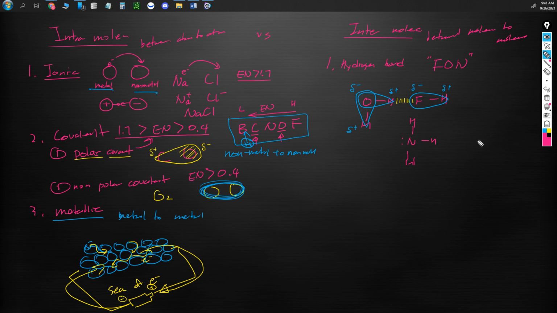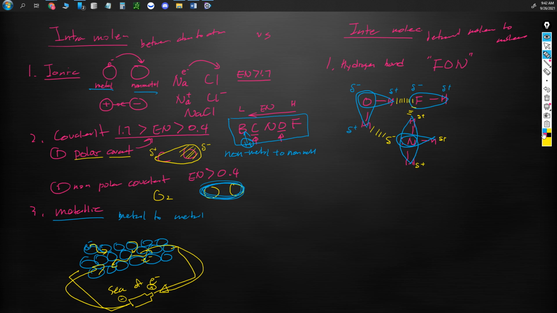Maybe I should draw that lone pair. This creates what? A high density of electrons toward the nitrogen, creating a partial negative here and a partial positive here. And that creates the attraction forces between the positive and negative right there too. And even for this one too, here's a positive, here's a negative, right? They form that bond there too. So all these are hydrogen bonds.